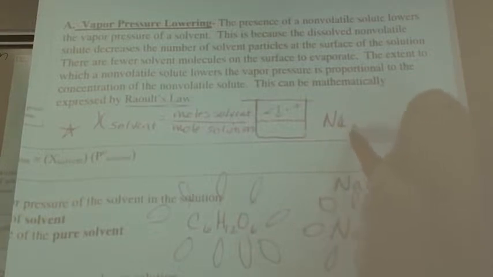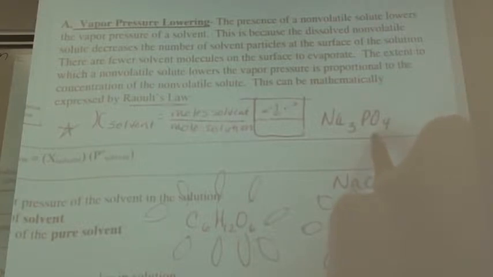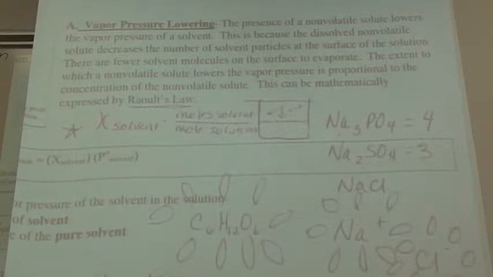So if I had this, sodium phosphate breaks apart into 3 sodium ions and 1 phosphate ion for a van't Hoff factor of 4. The van't Hoff factor for this would be 3.